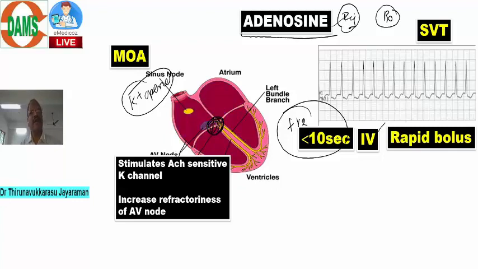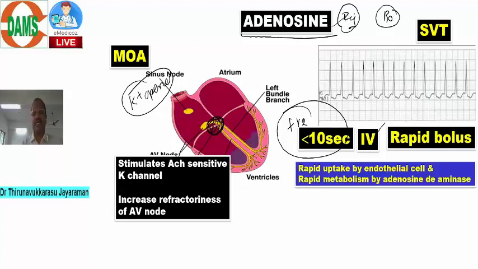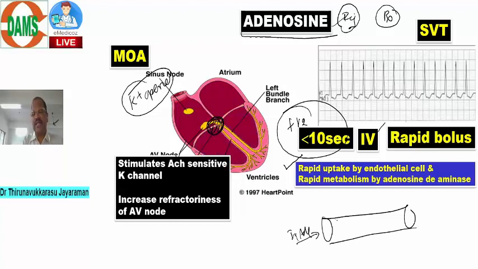Why short acting? This is short acting because adenosine is rapidly taken up by vascular endothelium. If we give injection adenosine, it is rapidly taken up by endothelial cells and rapidly undergoes metabolism by an enzyme called adenosine deaminase.